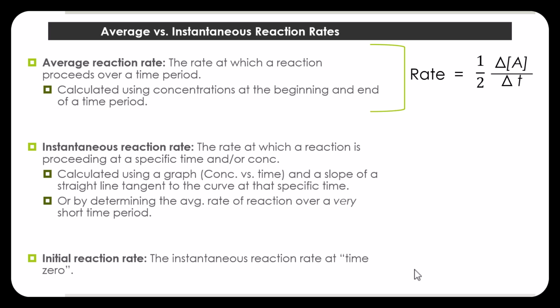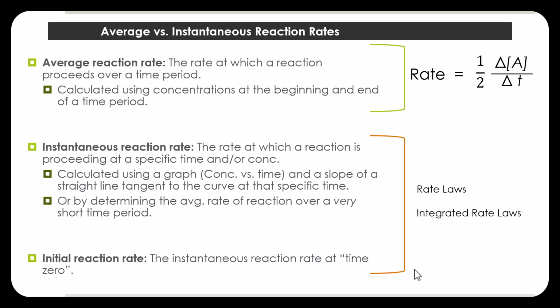Average rate was over that long distance, over a big time period. How fast was I going on average? Average rate is the big distance. Instantaneous rate is that cop sitting on 40 going, bam, you're going 75 miles an hour. That's instantaneous rate, and we will have a rate law for that, a rate equation for that.